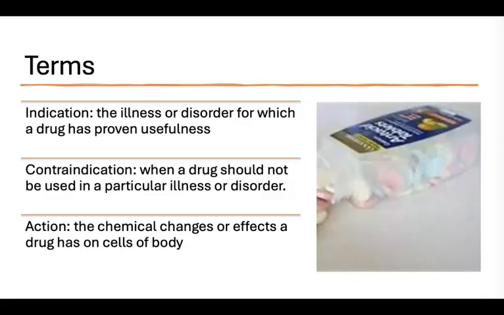What are the chemical changes and what really is the effect that we expect to see on the body with the use of these medications? So carrying through again with our nitroglycerin example, what do we expect to happen if we give a patient who is having chest pain or angina this medication?